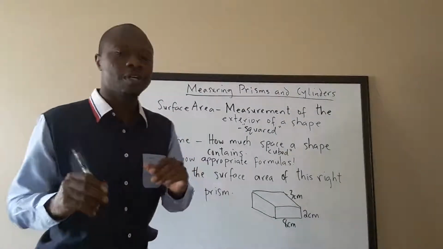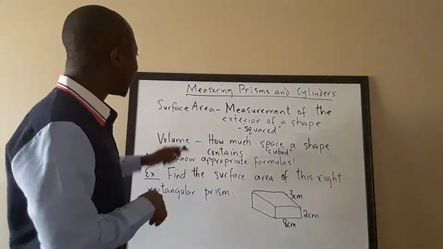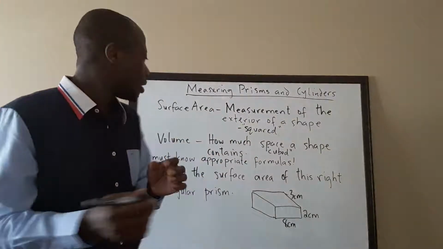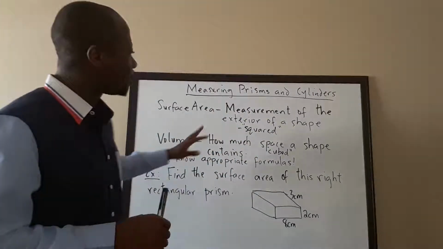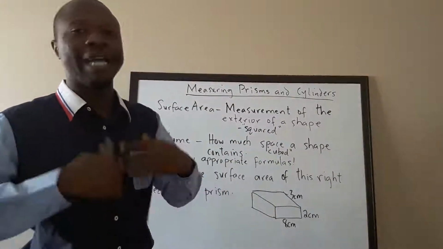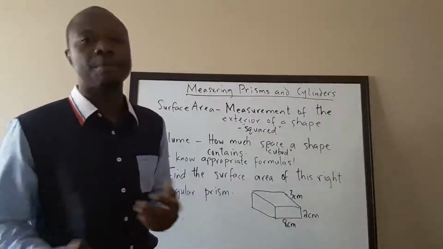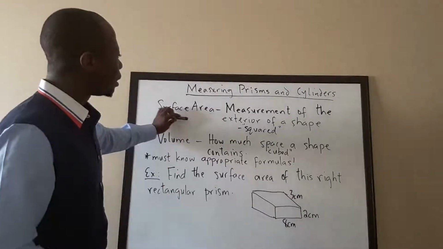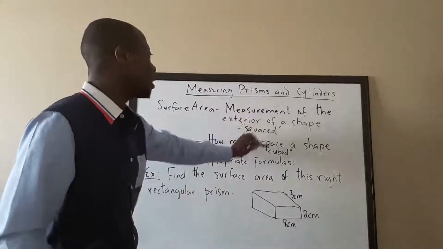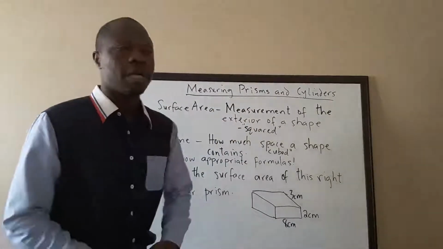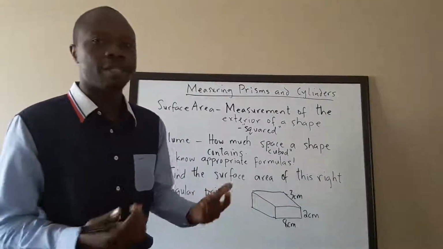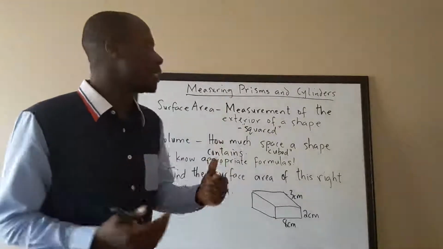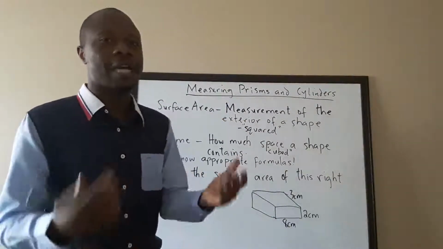Now it's important for us to completely understand each of these two and also to know the differences between them. Once we talk about that, we're going to start moving into examples. So surface area is the measurement of the exterior of a particular shape, basically the area of the exterior of that shape.